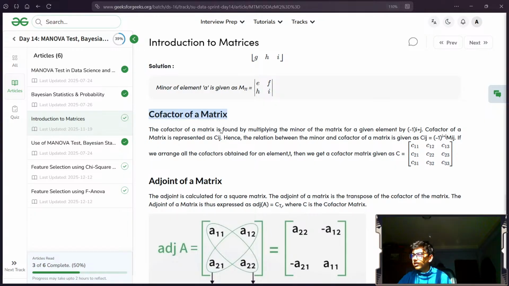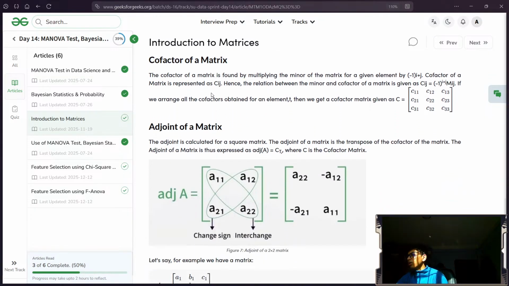Okay, cofactor of a matrix. Cofactor of a matrix is found by multiplying the minor of a matrix for a given element by minus 1 to the power i plus j. Cofactor of a matrix is represented as Cij. Hence, the relation between the minor and the cofactor of a matrix is given as Cij equals minus 1 to the power i plus j times Mij.